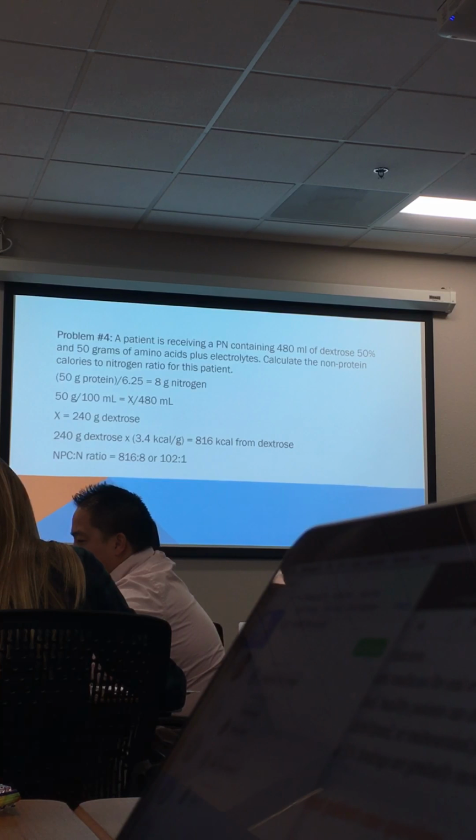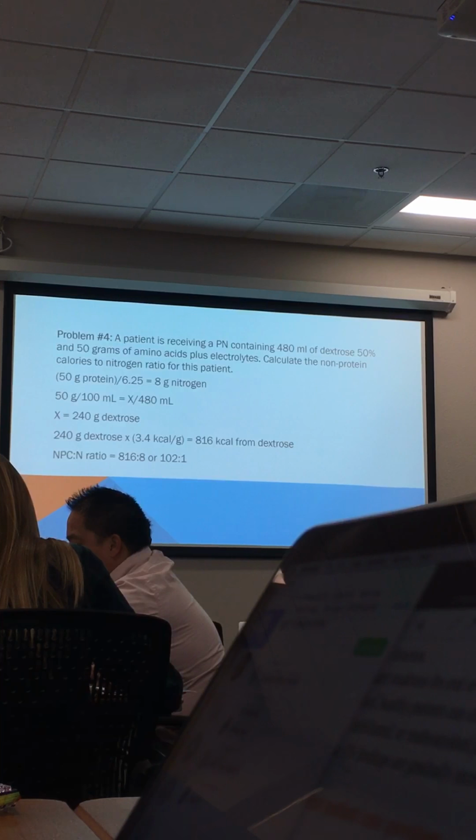And then from how many grams of dextrose, I asked you to memorize dextrose per gram, how many kcal, right? This is 3.4. This number you're already very familiar with, I think. And then you can calculate how many kcal from non-protein components.